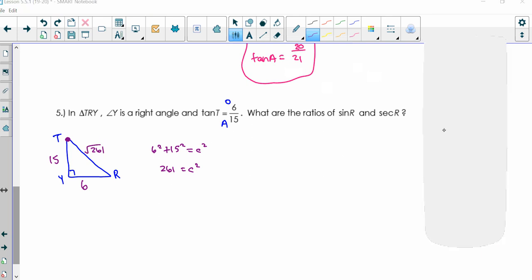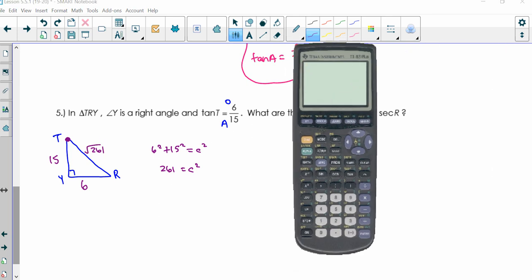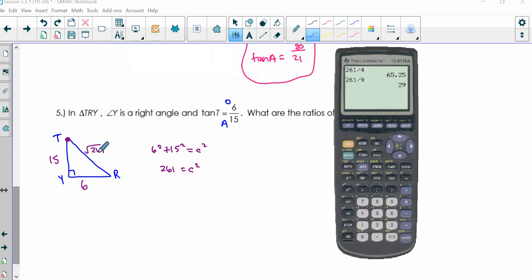And I want to check to see if it can be simplified. So let's see. 261 divided by 4, that's a perfect square. It doesn't work. The next perfect square would be 9. Oh, look at that. So that does work. So that means that I can break 261 into 9 times 29, which when I do that, this gives me 3. So that's going to be 3 square root of 29.